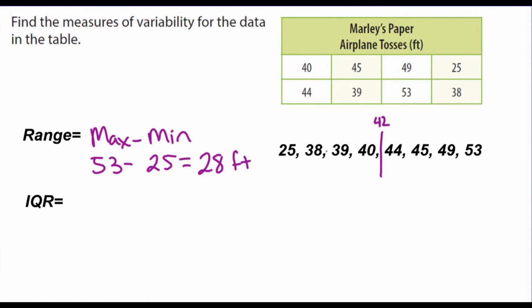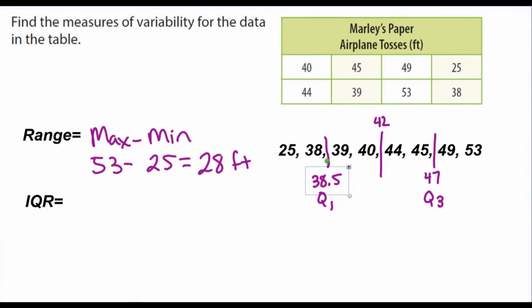So now we're going to cut the lower half in half, and there's no number there. So again, we're going to have to find what's between 38 and 39, which is 38.5. This is my Q1. And then halfway between 45 and 49 is going to be my Q3, and that's 47.